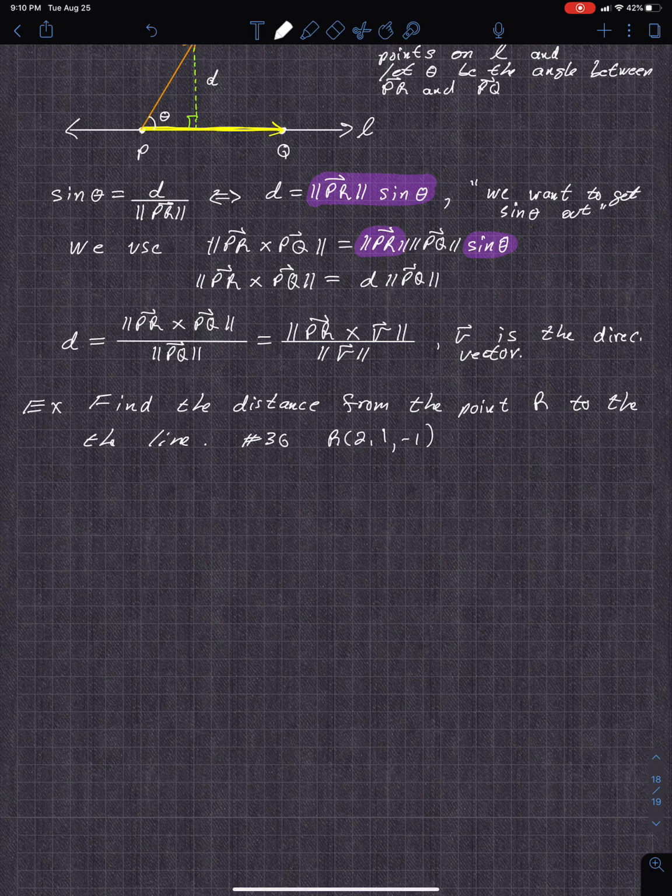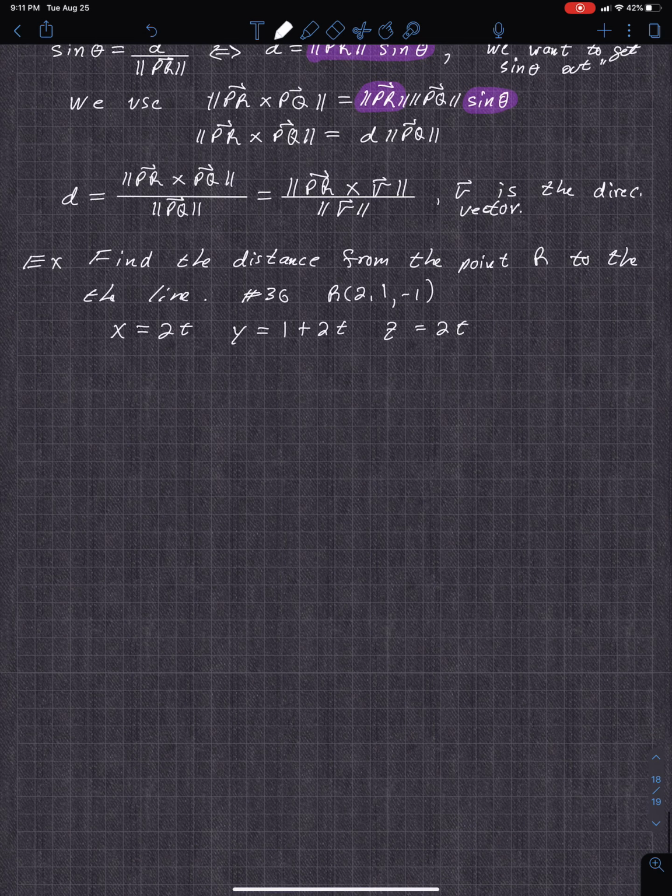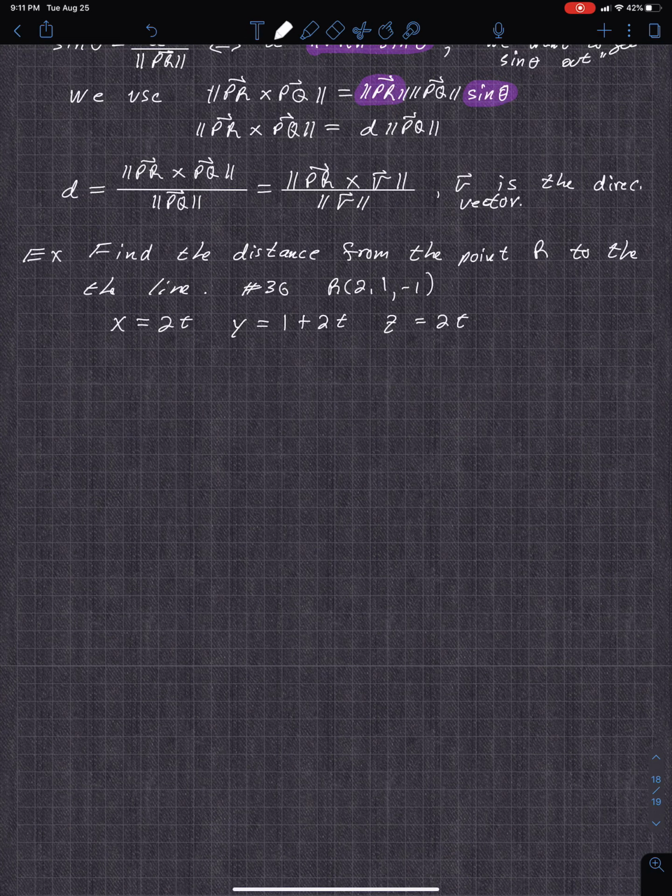And the line given is x equal to 2t, y equal to 1 plus 2t, and z equal to 2t. Kind of makes it nice, I suppose. I'm noticing here you have 2t, 2t, and 2t. So really, that's just the direction vector 1, 1, 1.